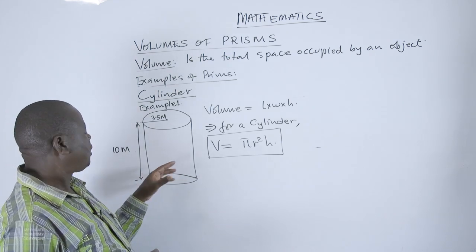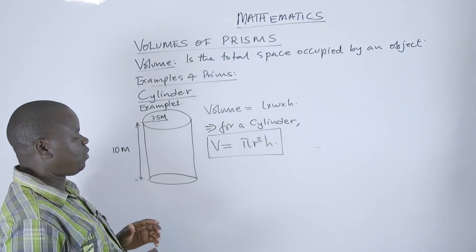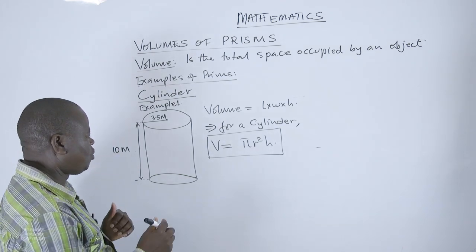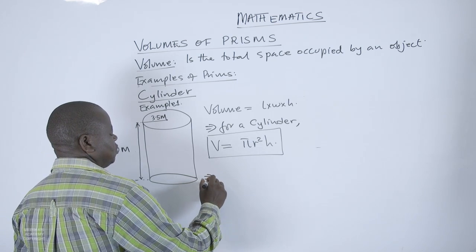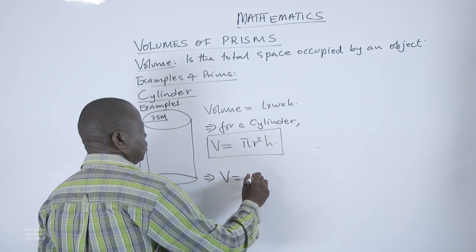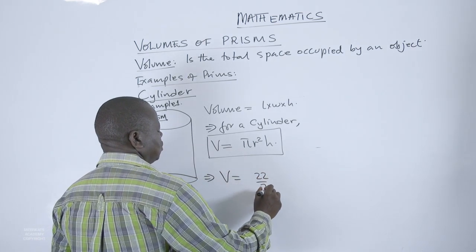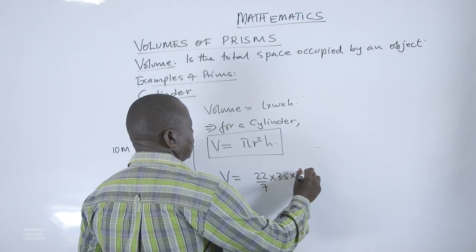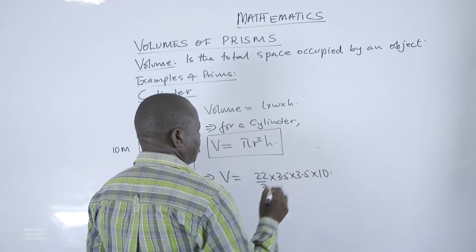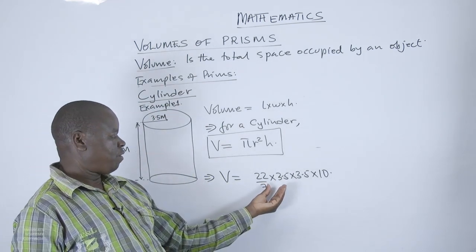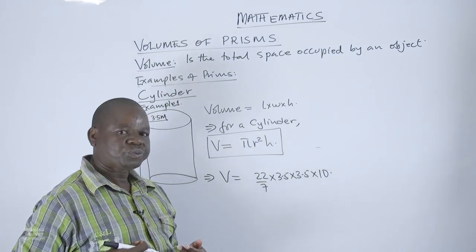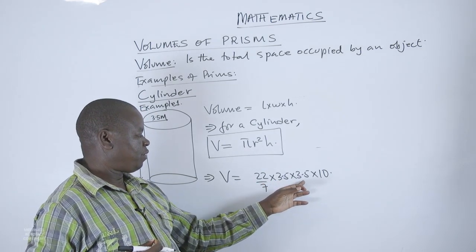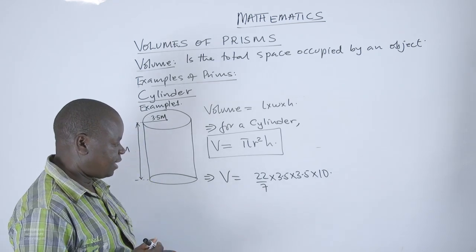So for this cylinder, we have radius as 3.5 meters and height as 10 meters. So we can calculate the volume. We get 22/7 times 3.5 times 3.5 times 10 as the volume.